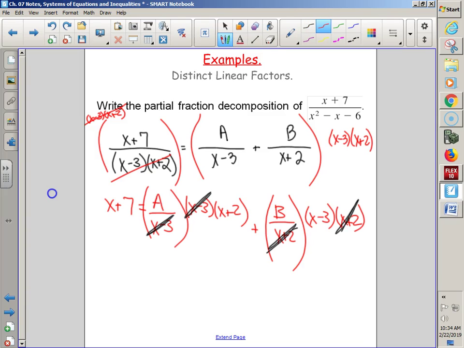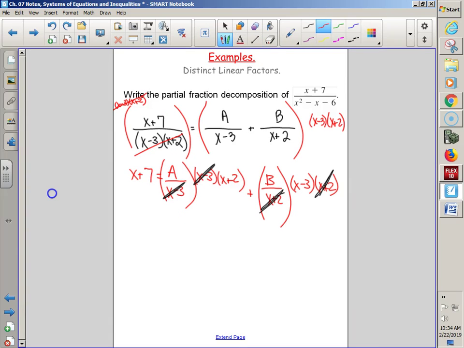Stuff is going to cancel, but isn't stuff also going to remain the same? So ultimately, we're going to have 1x plus 7 is equal to ax plus 2a plus bx minus 3b.